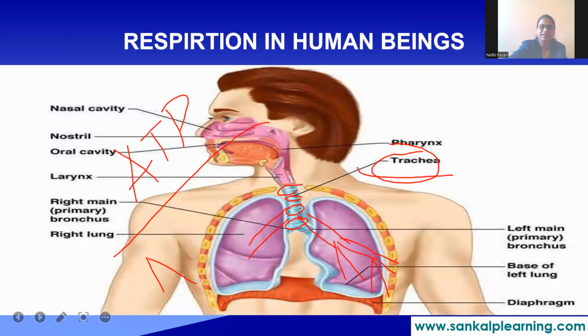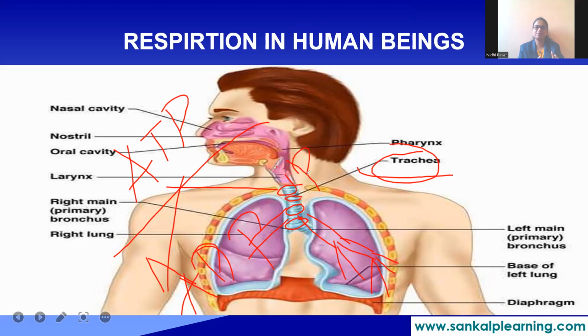Whenever we require energy, these ATP molecules break down into ADP, adenosine diphosphate, and inorganic phosphate to give us energy. As they release energy whenever we require, ATPs are called the energy currency of the cell. So this is regarding the process of respiration in human beings.